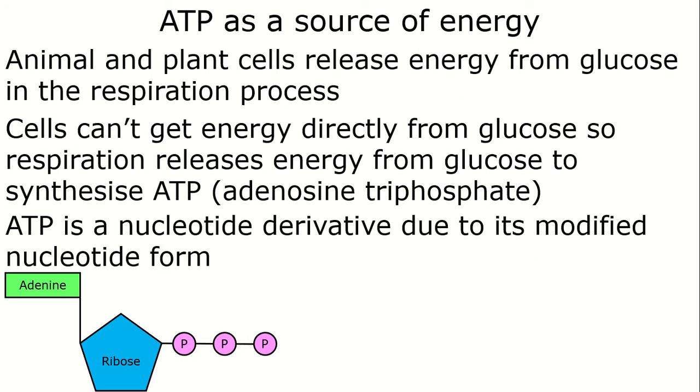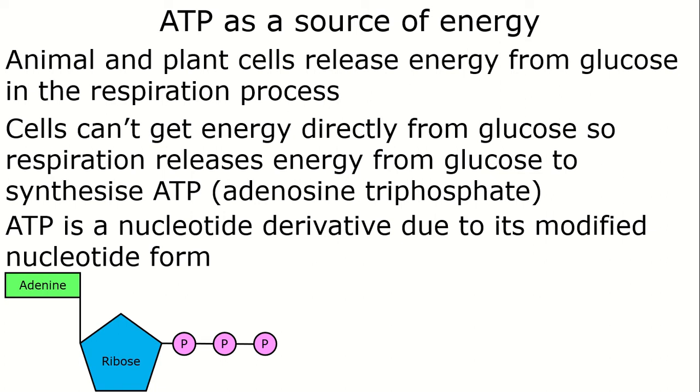ATP is what's known as a nucleotide derivative, and this is just because it's a modified form of a nucleotide. So if we think back to what a nucleotide looks like, we know that it has a pentose sugar, and in ATP we have a ribose sugar. We know that nucleotides always have a nitrogenous base. And in the case of ATP, we always have an adenine base.